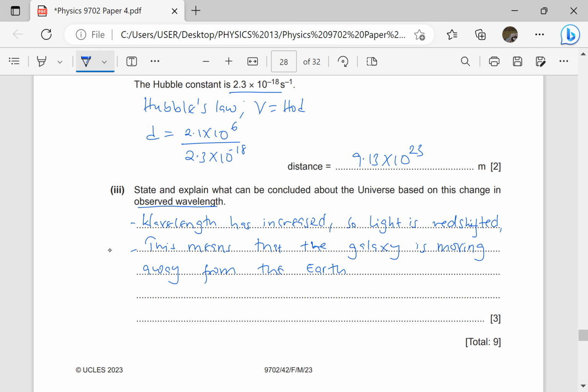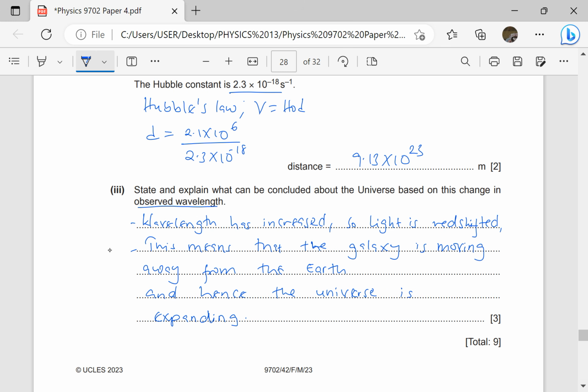And if it is moving away from the Earth, where is it going? Hence, we simply conclude that the universe is expanding. And if it is expanding, then the Big Bang theory can be accepted at some level.